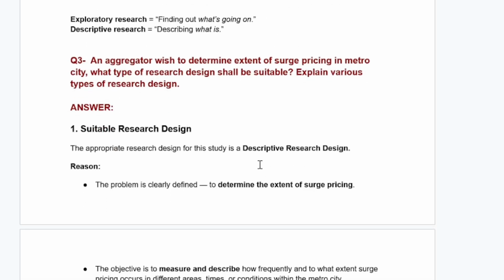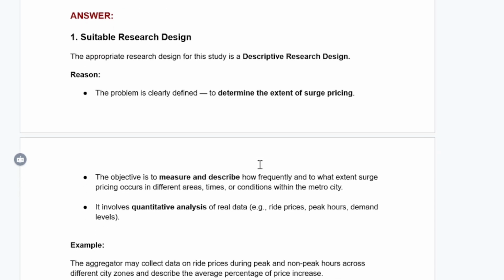Moving to the next question: an aggregator wishes to determine the extent of surge pricing in a metro city. What type of research design shall be suitable? Explain various types of research designs. So the appropriate research design for this study is descriptive research. The reasons being, क्योंकि यहाँ पे the problem is very clearly defined, we have to determine the extent of surge pricing.